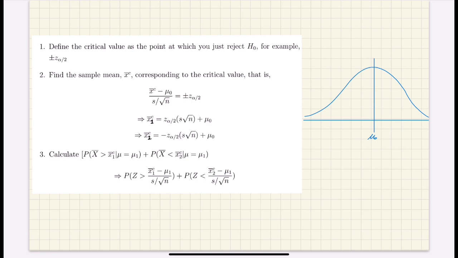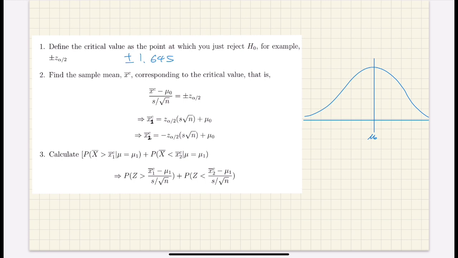Obviously, you have to understand from the question first what kind of values you want to reject. So, for example, if you have a two-sided case and the question asks for a 90% critical interval, you go to the table and then go to the 5% interval, and we will know that the value is 1.645 for a normal distribution case.